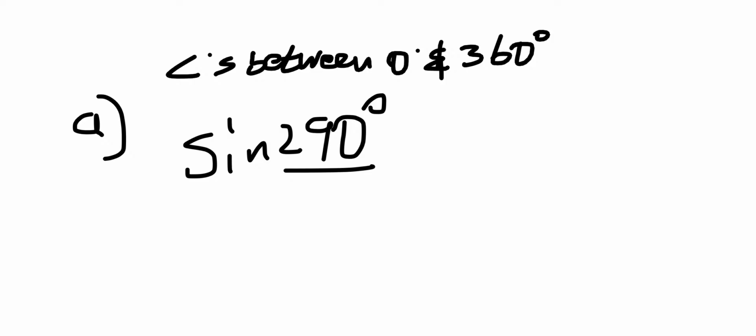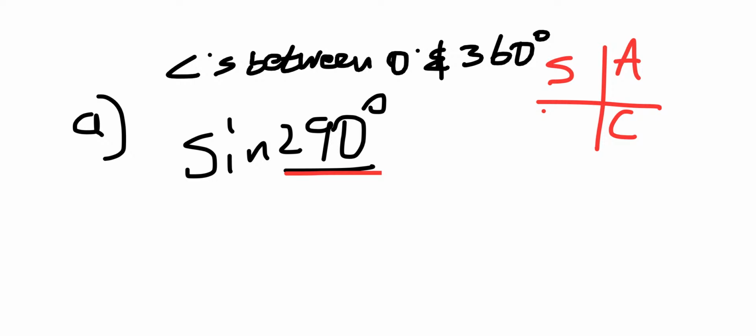Most importantly, you need to be aware of which quadrant this bigger angle falls in. So we have that CAST diagram. 290 falls in quadrant number 3, where you are having 180 plus.